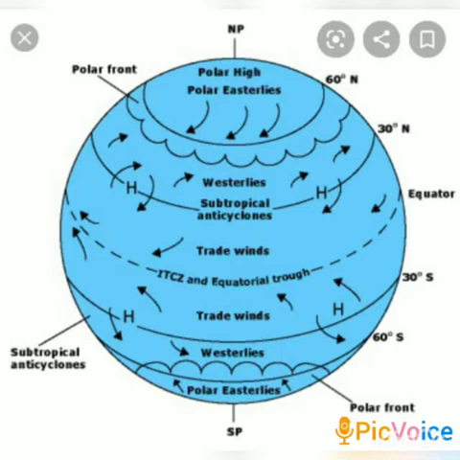At the poles, the air is colder than at latitudes of about 60 degree.